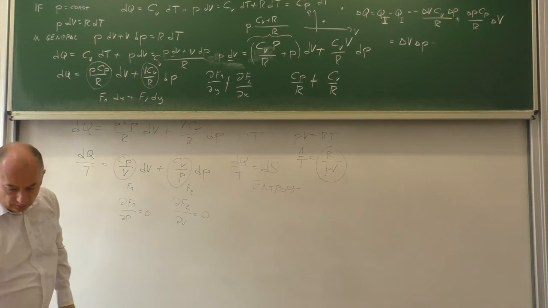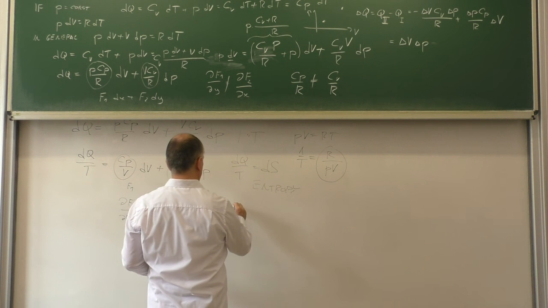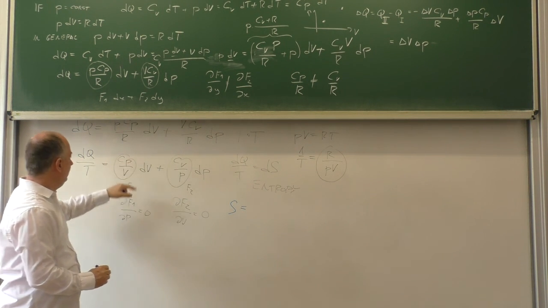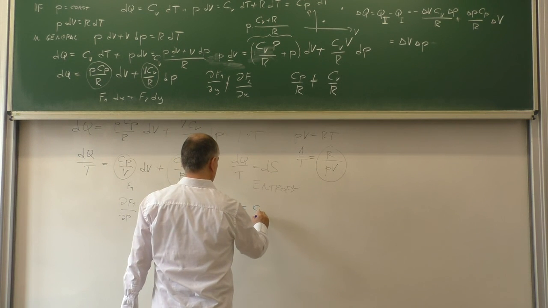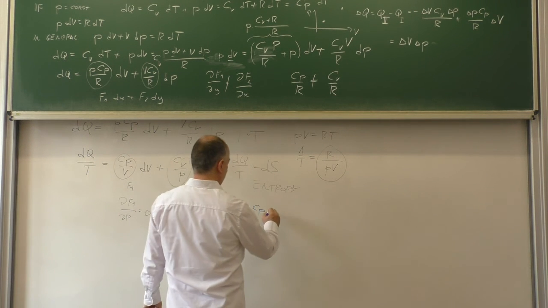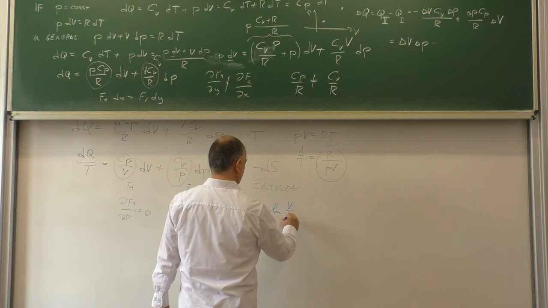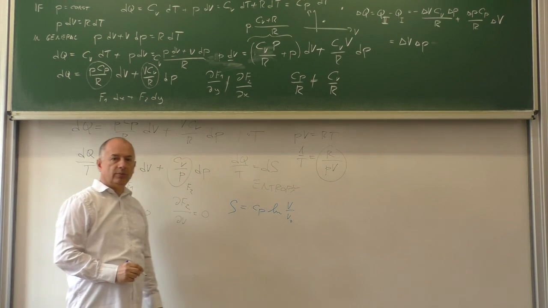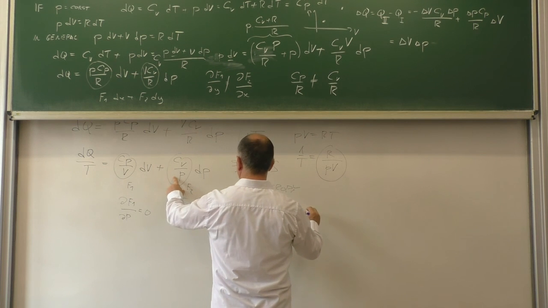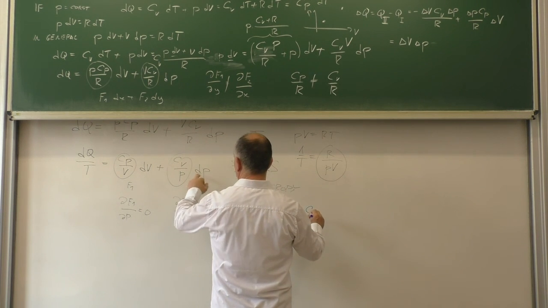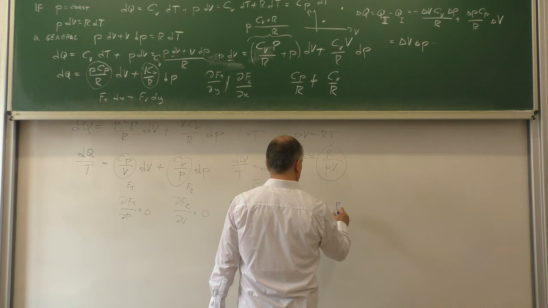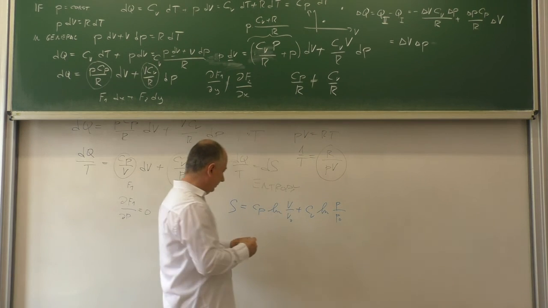And we can find the form for S. If we integrate this, then Cp is a multiplicative constant. And when you integrate 1 over V dV, you get logarithm of V, possibly divided by some constant V0. And if you integrate this, you have Cv, which is some constant, and integrating 1 over P is logarithm of P, divided by some P0.